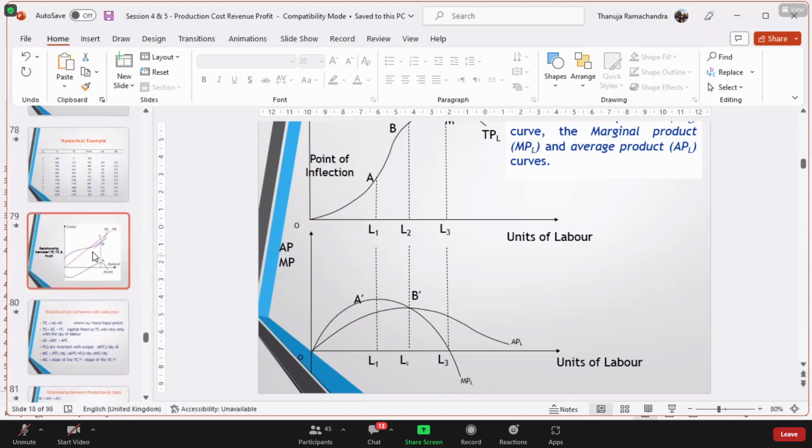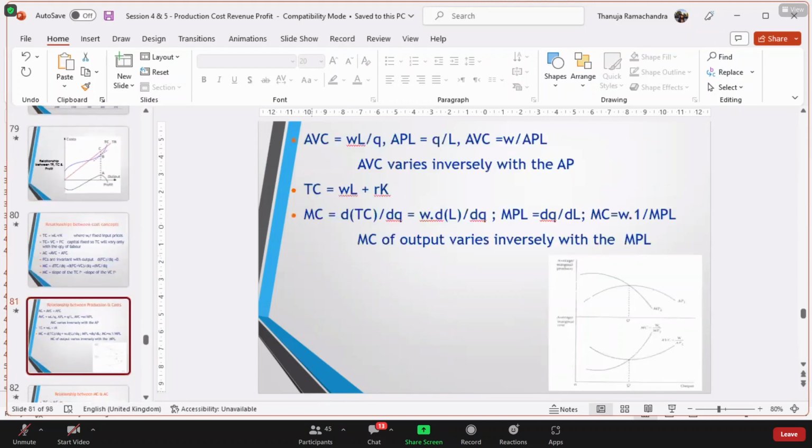Your marginal product is already minimum here, and they intersect. When they intersect, average product is maximum. When the average product is maximum, the average cost is minimum. See, this is average cost.